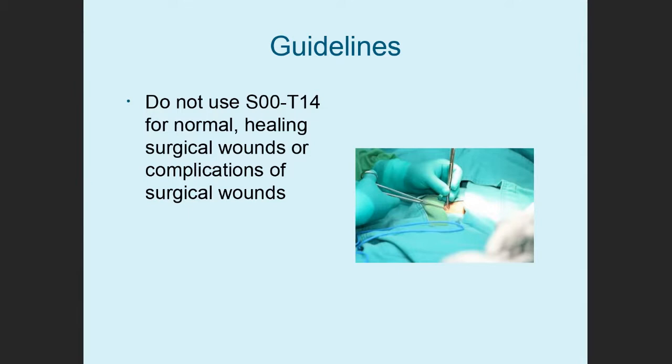Guidelines also state that you do not use S00-T14 for normal healing surgical wounds or complications of surgical wounds. Now that's kind of obvious, but just to make sure, there's a very big difference between normal healing surgical wounds and traumatic wounds.